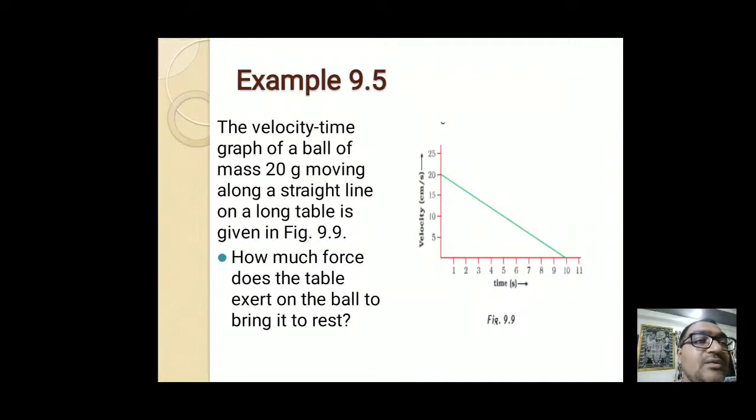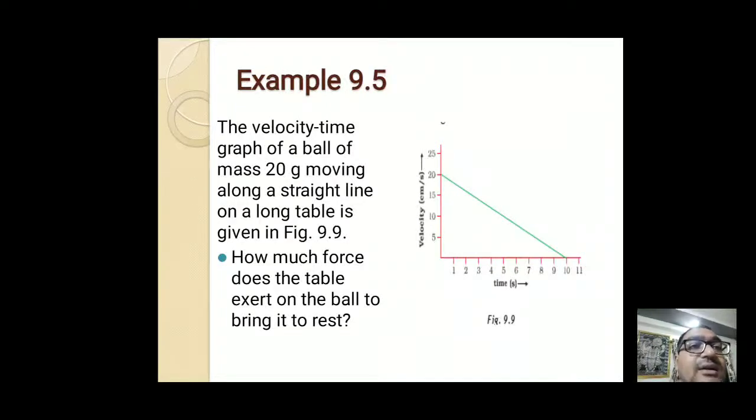The downward green line starts from 20, so that is the initial velocity, and it comes to 0, so that is the final velocity. For reaching 20 to 0 it takes 10 seconds. So in this question force is to be found.